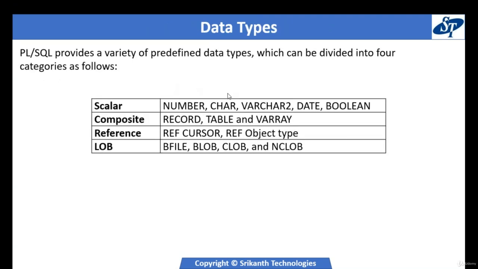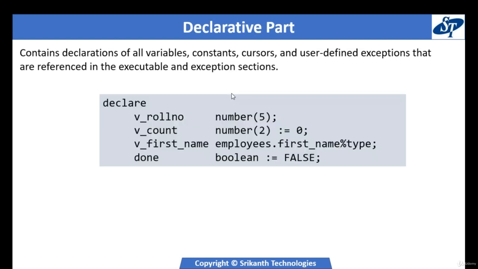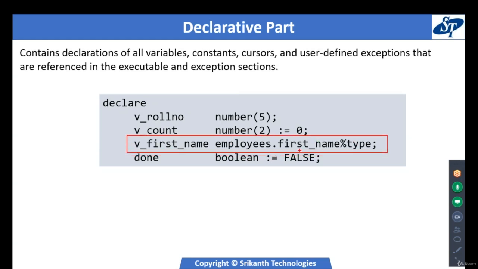And here is an example for declarative part. The declarative part is all about declaring variables, and each variable has a data type. That can be one of the standard data types like number, date, varchar, and so on. But more often, we prefer to declare variables with the same type as a column in the table.